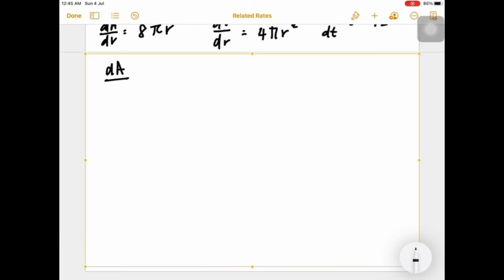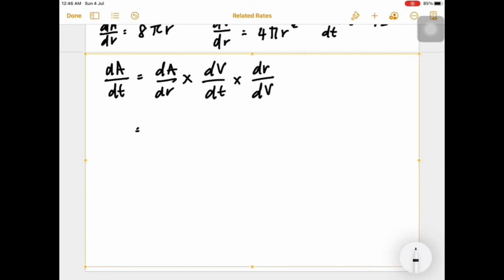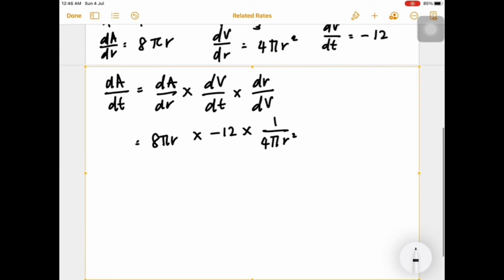We need to write back the formula that we built. So dA over dt is equal to dA over dr times dv over dt times dr over dv. So dA over dr is equal to 8 pi r, dv over dt is equal to negative 12, and dr over dv is equal to 1 over 4 pi r squared.